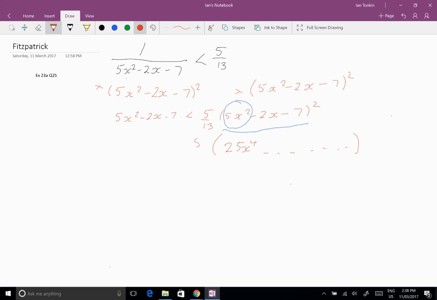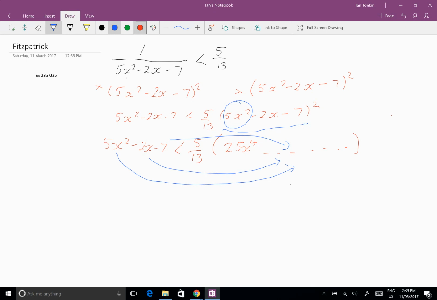And I'd have 5 on 13 times that. And over here, I've still got my 5x squared minus 2x minus 7. Now, all I'm concerned with is this leading term, because it's just going to give me a quartic. It doesn't matter when I pull these things across, because they won't affect the leading term.